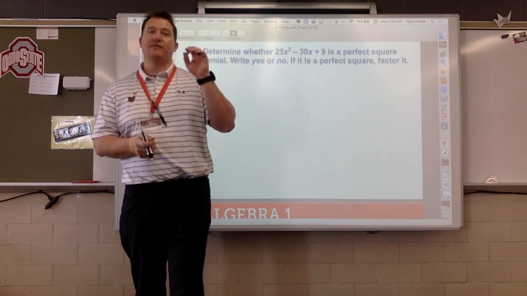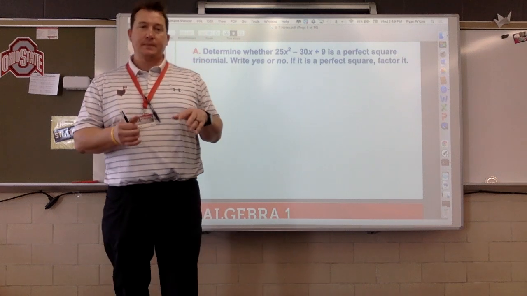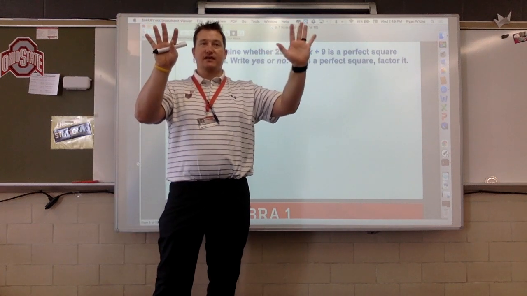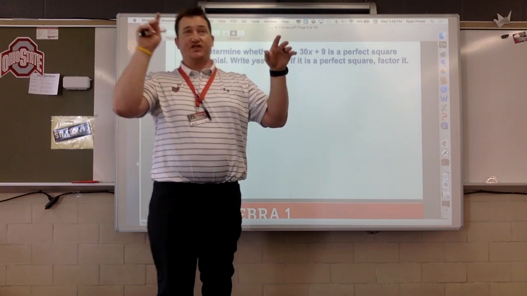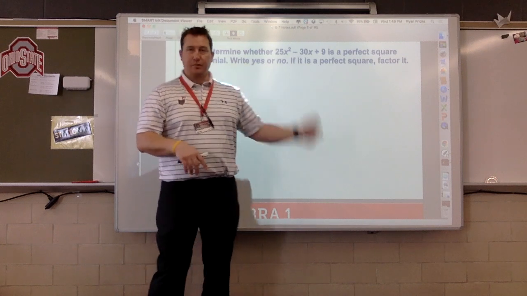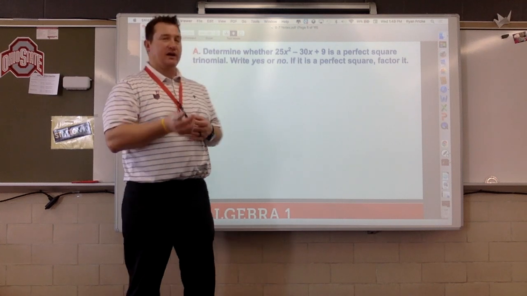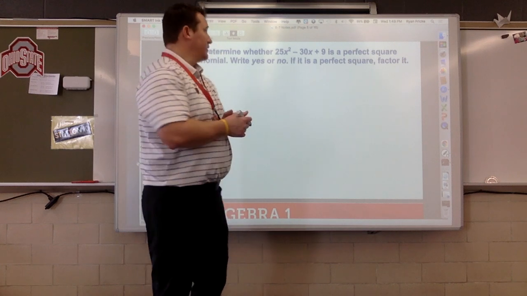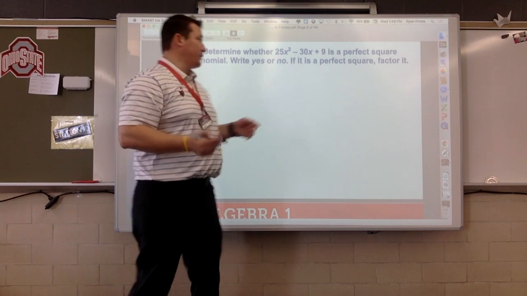That number there. If it follows that pattern, perfect square is the first term, perfect square is the last term, and the middle one is 2 times the square root of a times b, then it's a perfect square trinomial, right? And there's a shortcut to factoring it. Would you like to know the shortcut? Would you? Okay, we can do that.